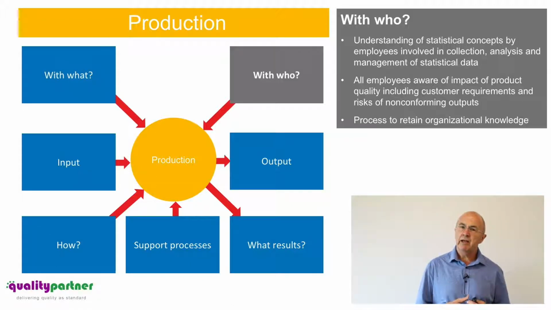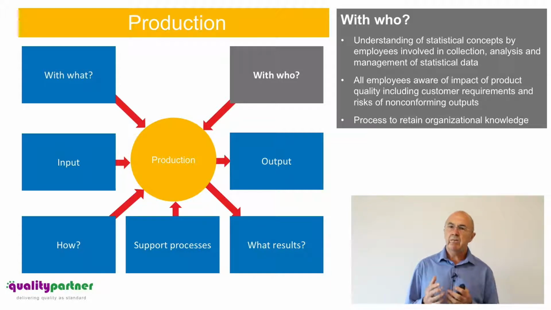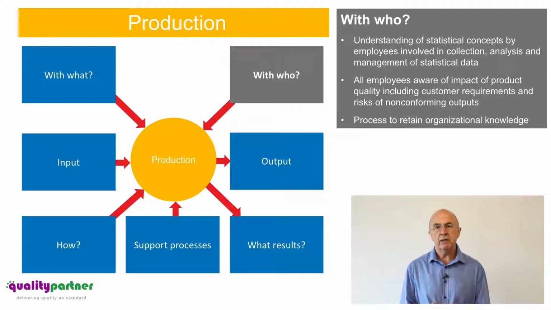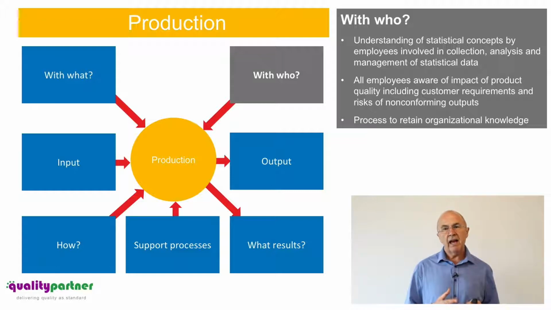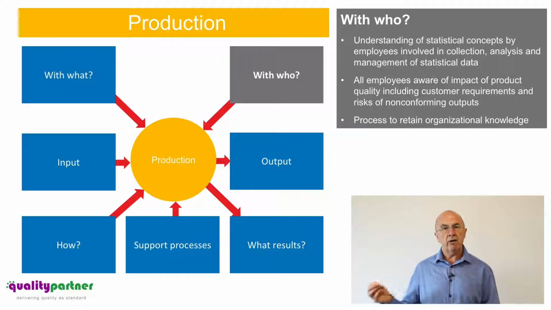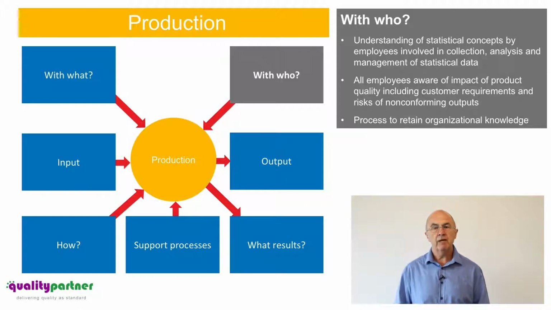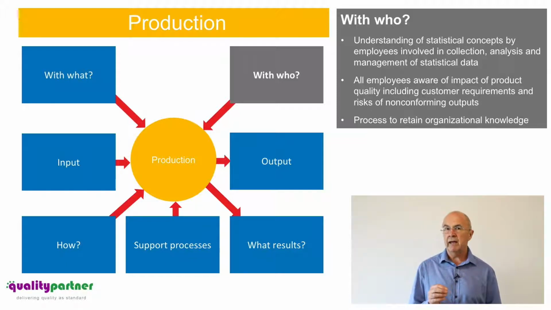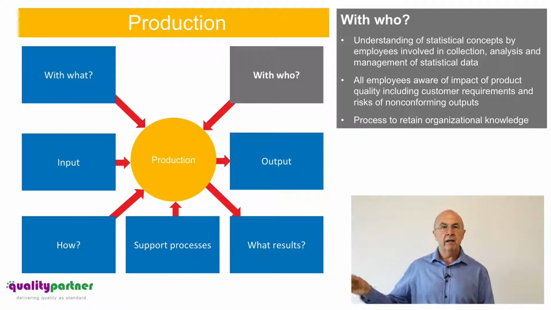The next, I think there's more emphasis on, is about all employees working in production understanding and being aware of the impact upon product quality. For example, if the product doesn't meet the defined quality requirements and maybe we don't do the required checks or inspection, what impact that could have in meeting customer requirements and what risks there could be in the supply chain, including the risks for the end users.